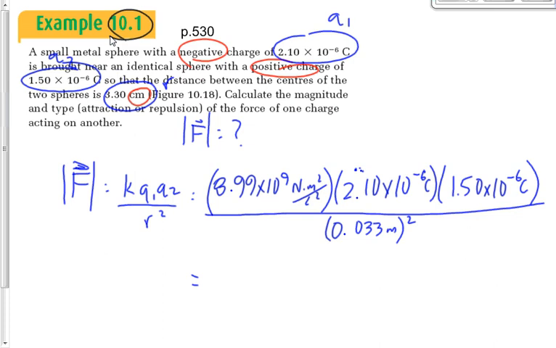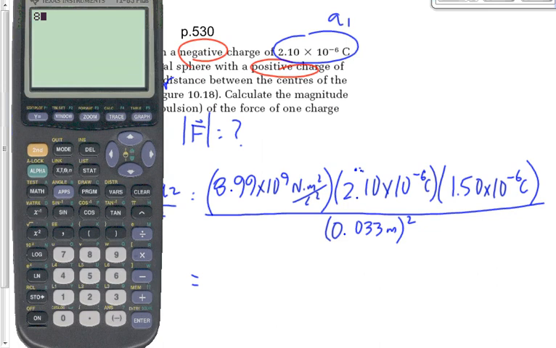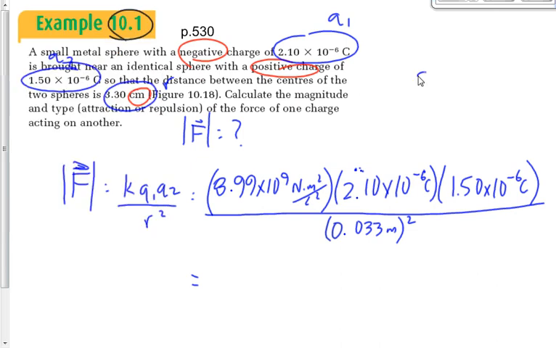So let's get the value of F here. Let's pull out the calculator just to make sure that everybody can do this. So we're going to say that constant 8.99 times 10 to the 9. Notice they give us the charge in coulombs here, but 2.1 times 10 to the minus 6 coulombs is actually 2.1 microcoulombs. And you'll often see that written as microcoulombs.